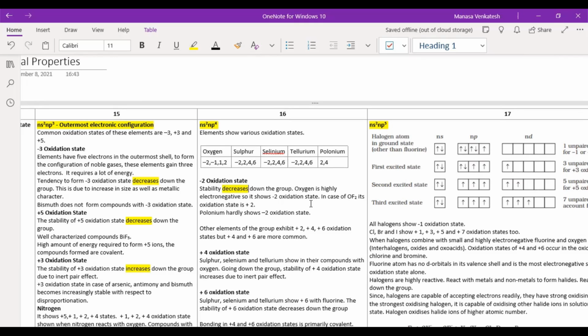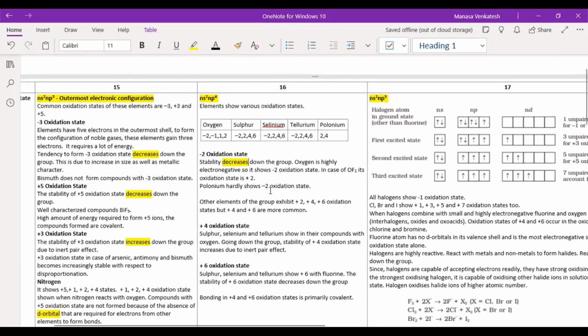In case of OF2, its oxidation state is +2. And the reason that is even happening is because fluorine is more electronegative than oxygen. Polonium hardly shows -2 oxidation state. Now, the other elements show +2, +4, and +6 oxidation states, but the +4 and +6 are actually more common.